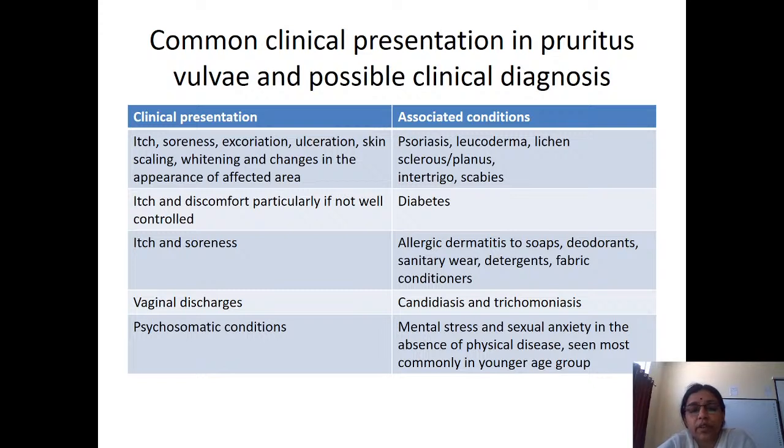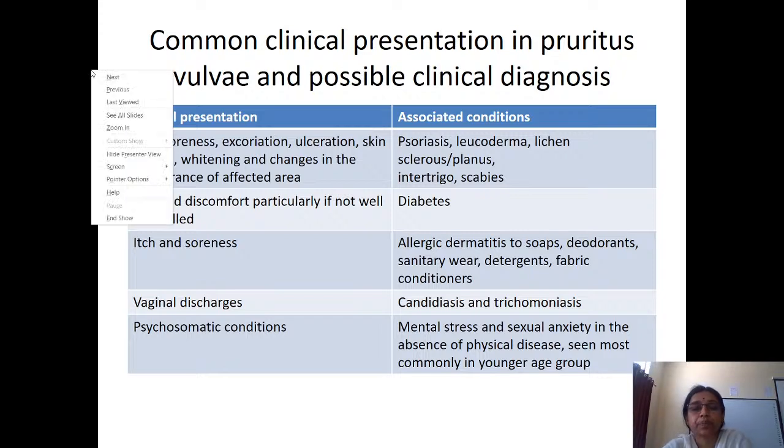And when we examine the woman, we find there can be certain spots on the cervix leading to a strawberry cervix. So any vaginal discharge associated with itching, we need to think especially of these two conditions. And sometimes psychosomatic conditions can also present this way, whether mental stress or sexual anxiety in the absence of physical disease. Most commonly this tends to be common in the younger age group.